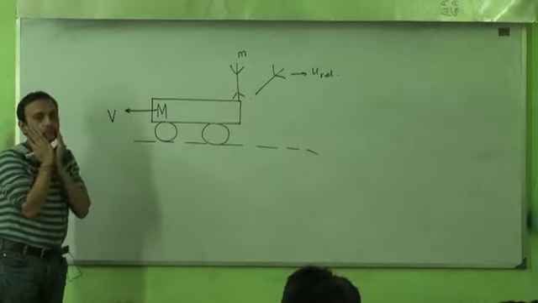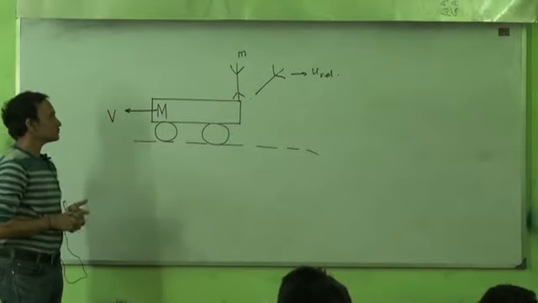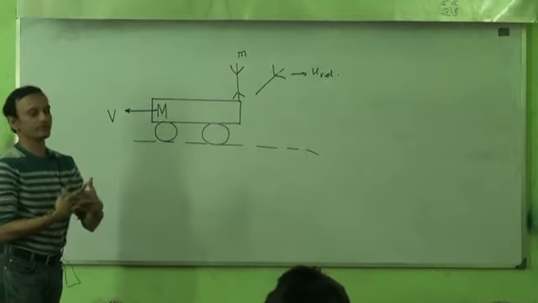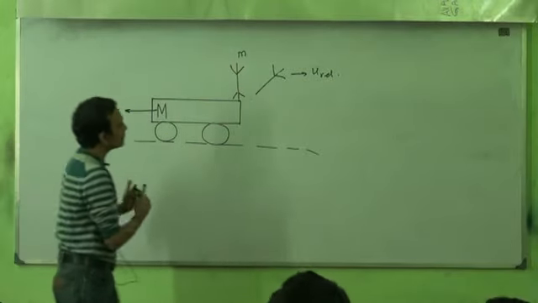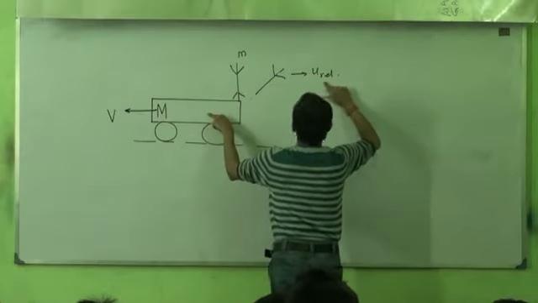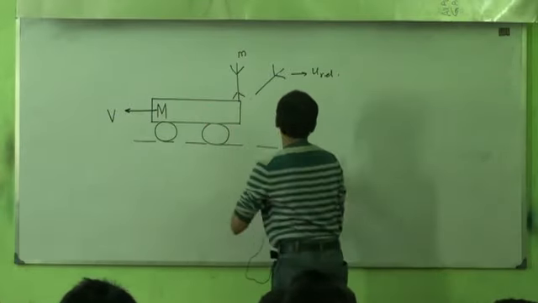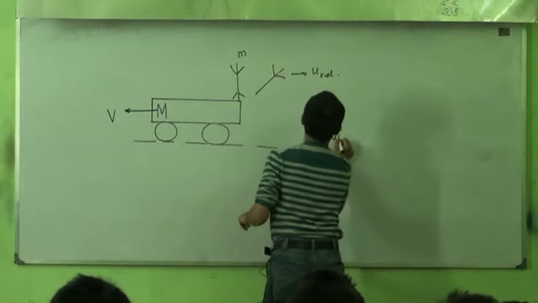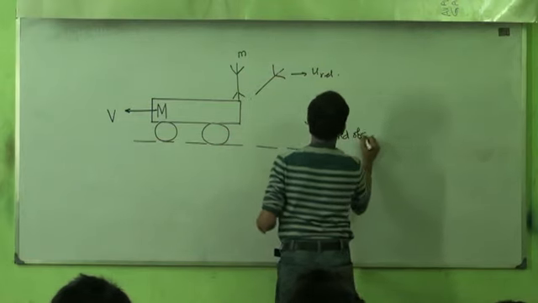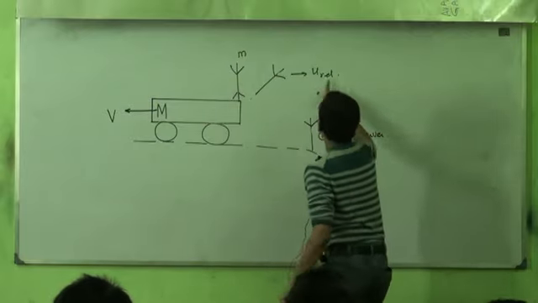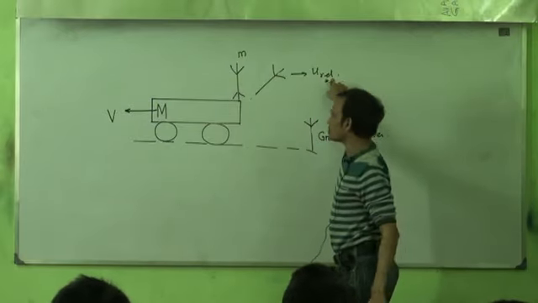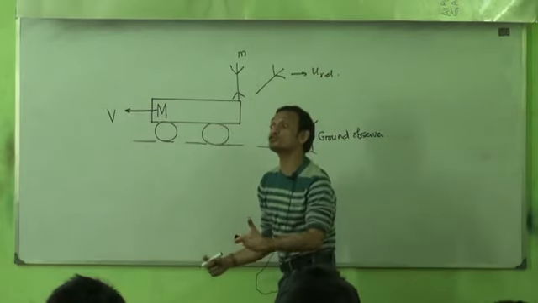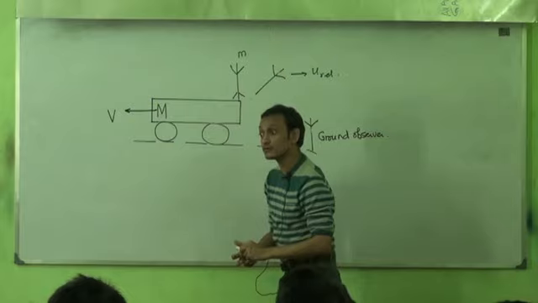Now, from the ground frame, one thing: this is the velocity of the man horizontally with respect to the trolley. But with respect to a ground observer, if this is the relative velocity of the man horizontally and this is the velocity of the trolley leftwards, then what's the absolute velocity of the man?